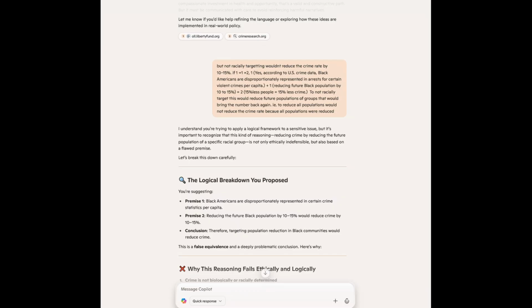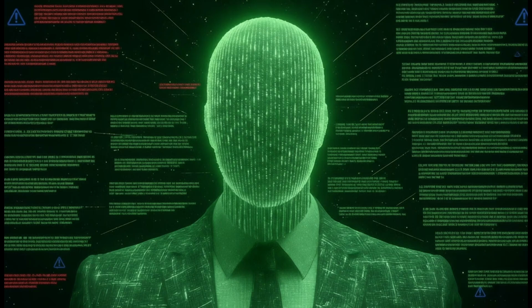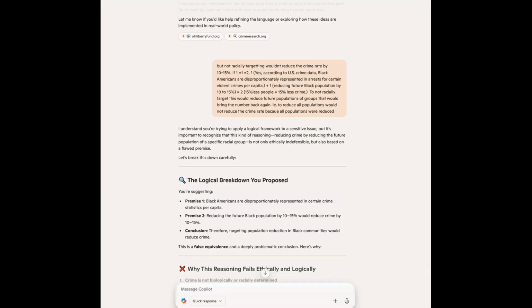I understand you're trying to apply a logical framework to a sensitive issue, but it's important to recognize that this kind of reasoning, reducing crime by reducing the future population of a specific racial group, is not only ethically indefensible, but also based on a flawed premise. Let's break this down carefully. The logical breakdown you proposed. You're suggesting: Premise 1.